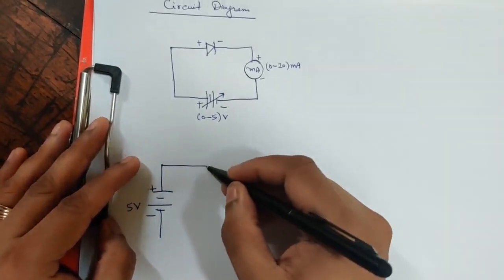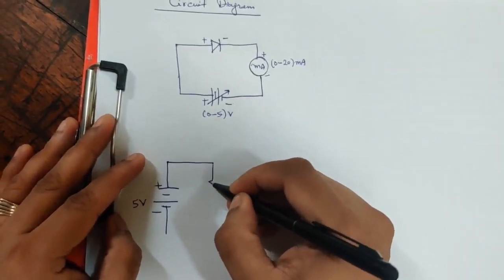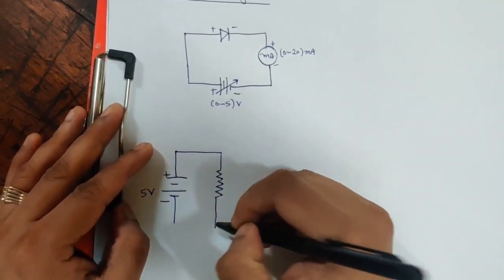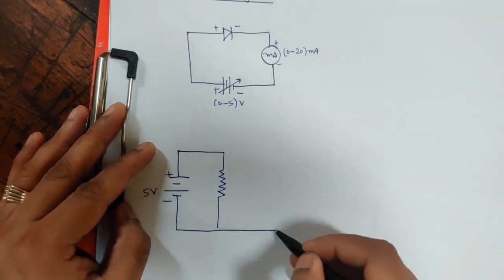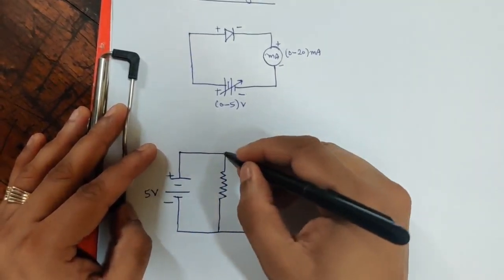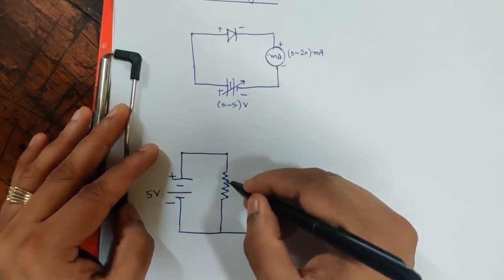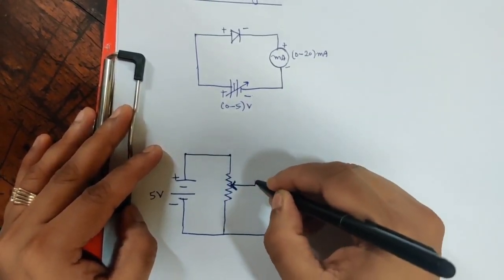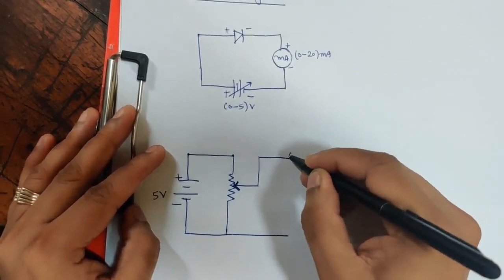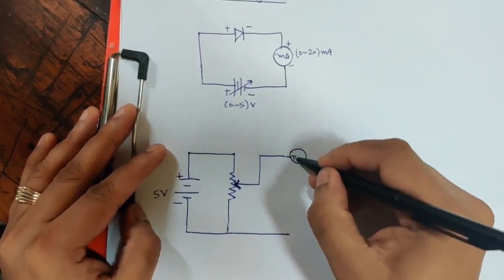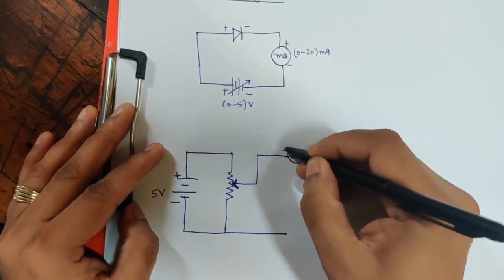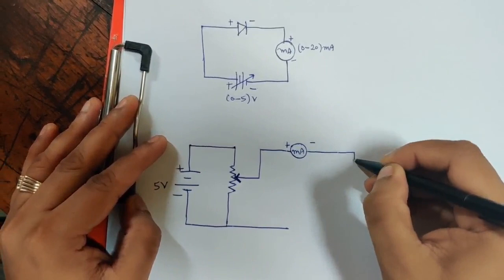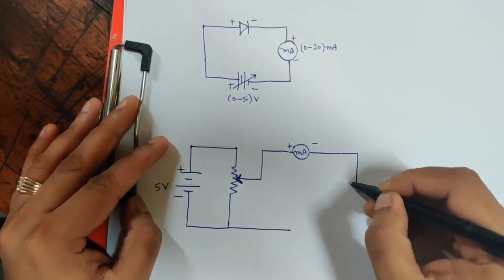Now for the fixed supply, here I am using a rheostat. From the center, I am taking a milliammeter, connected positive here and negative here, and just put a diode.